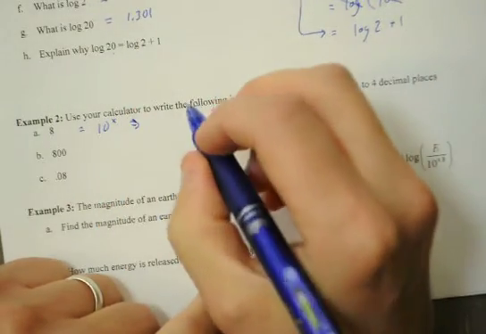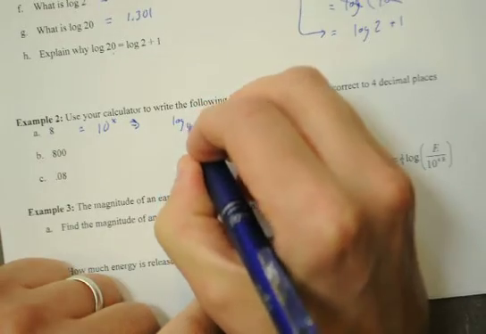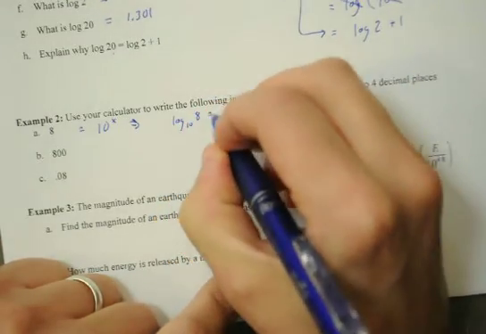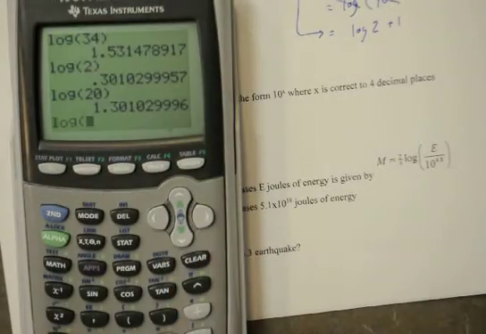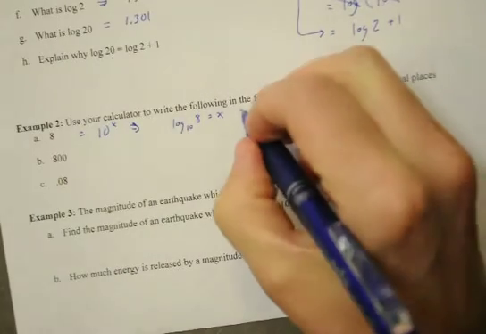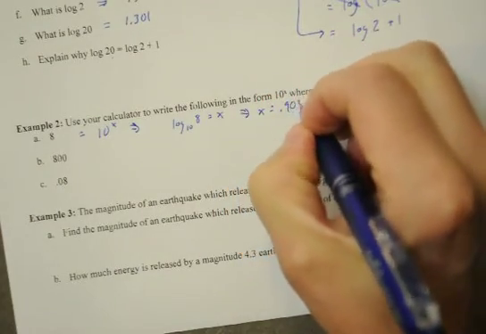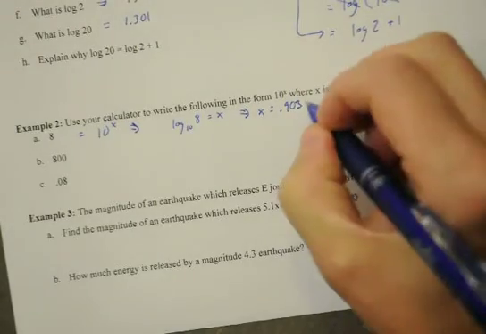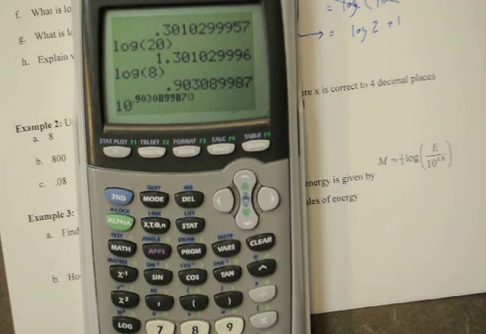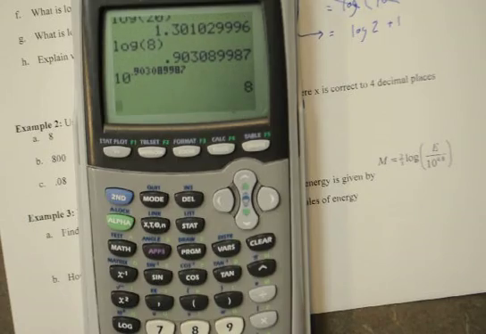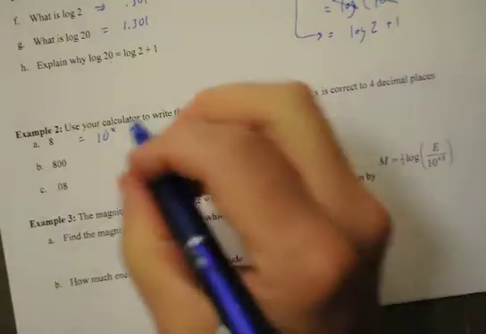So we can rewrite that as log base 10 of 8 is equal to x. And so you just have to plug that in your calculator. Log of 8. Like that. 0.903. 0.9031. We can check our answer. If you do 10 raised to that power, like that, it's 8.